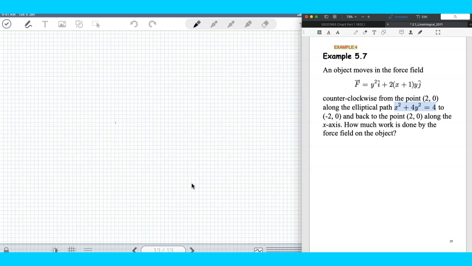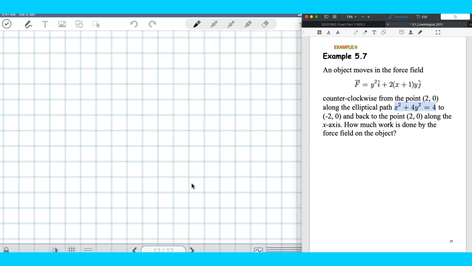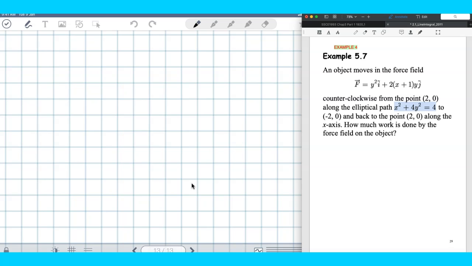So for this, the elliptical path is given by the equation x squared plus 4y squared equals 4. So we know this one is supposed to be an ellipse.